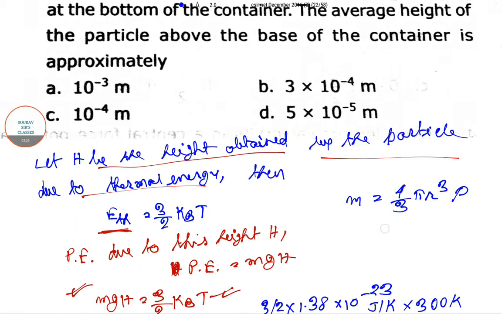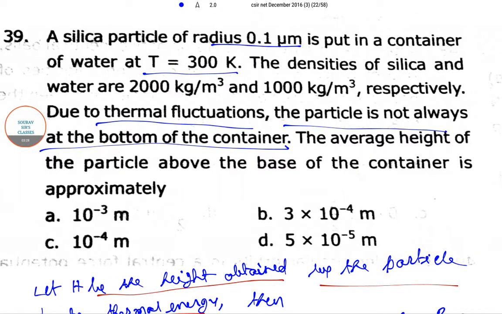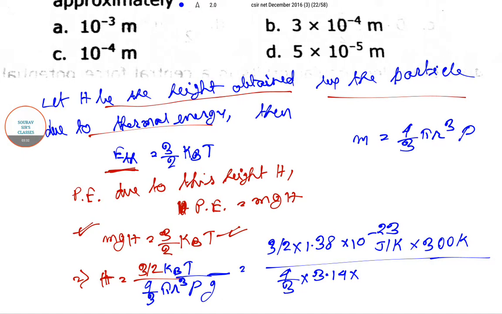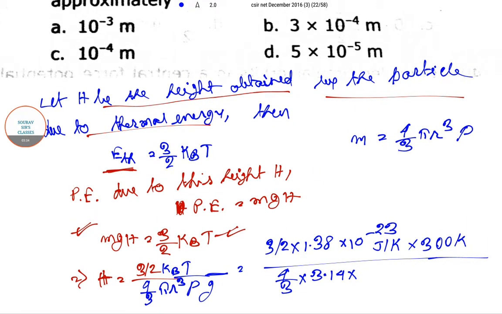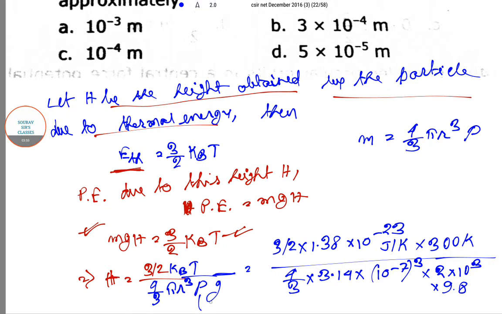Here the r is given 0.1 micrometer, so this is 10 to the power minus 7, whole cube, into rho of silica. This is rho of silica, which is 2 into 10 cube, into g, which is 9.8.